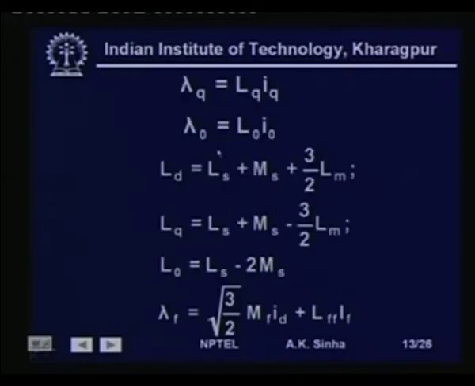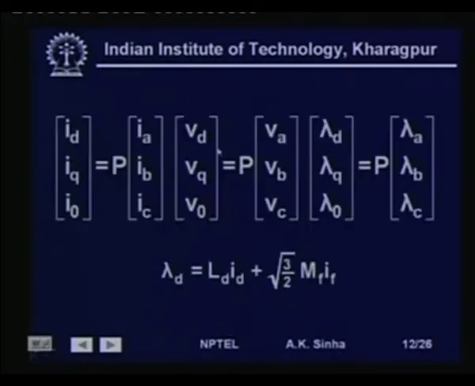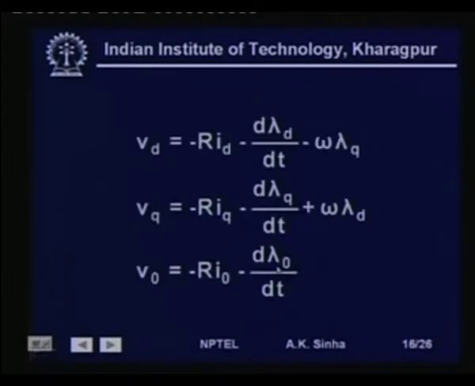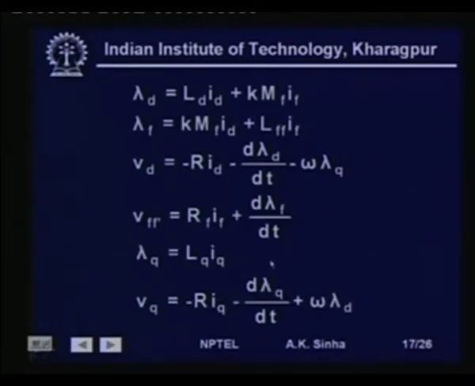Lambda d is equal to L d I d plus root 3 by 2 m f I f. We are writing this root over 3 by 2 as k, and therefore, we have here lambda d is equal to L d into I d plus k m f into I f. Similarly, lambda f is equal to k m f into I d plus L f f into I f. These are the flux linkage equations for the coils along the direct axis.